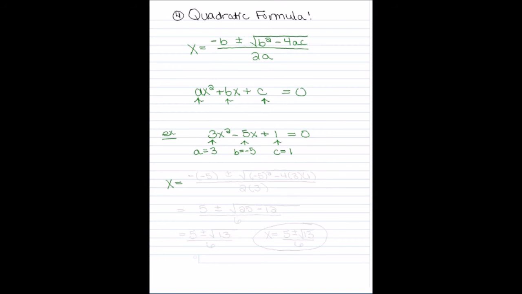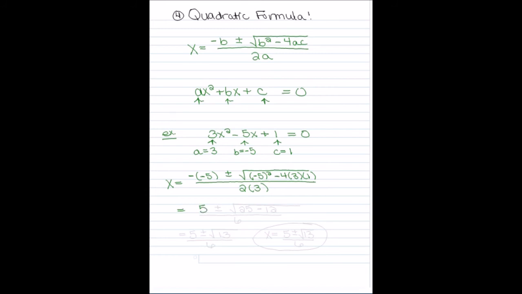I have negative b, so I put negative, and my b value is negative 5, plus or minus square root negative 5 squared minus 4 times 3 times 1. And all of this is over 2 times my a value, which is 3. So everything is plugged in. Now I just have to simplify it.